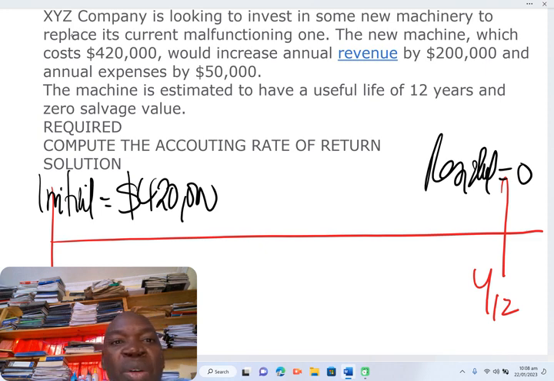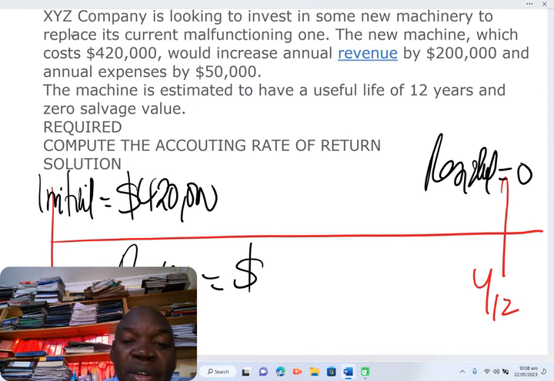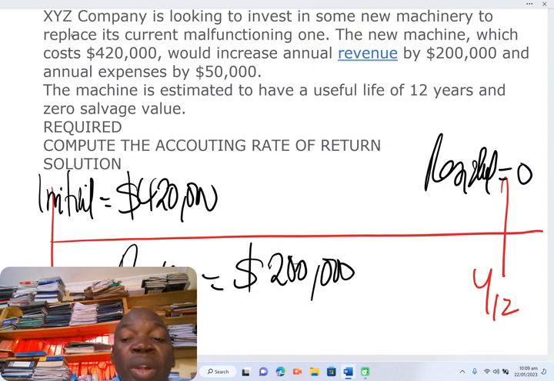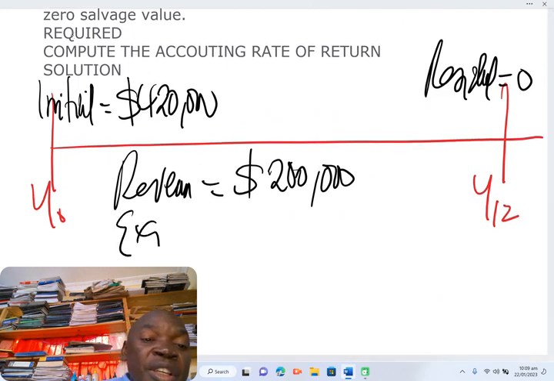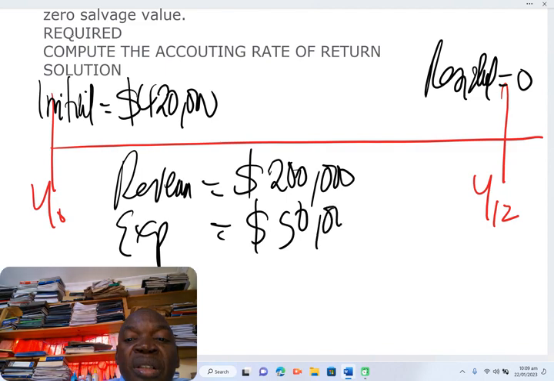The new machine would increase revenue per year by $200, and expenses per year are $50.